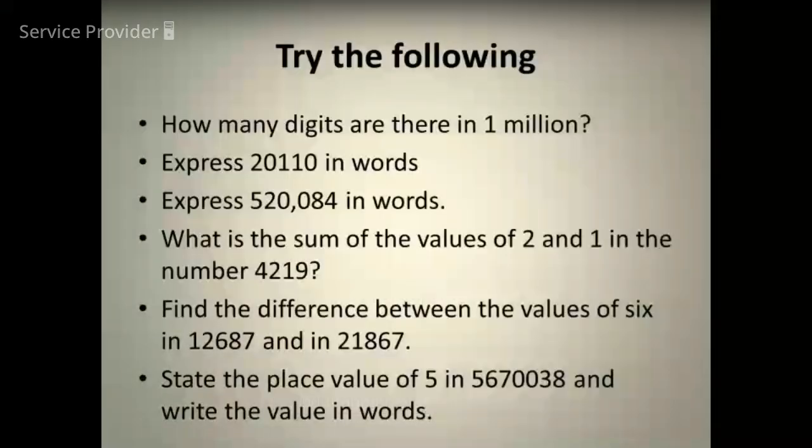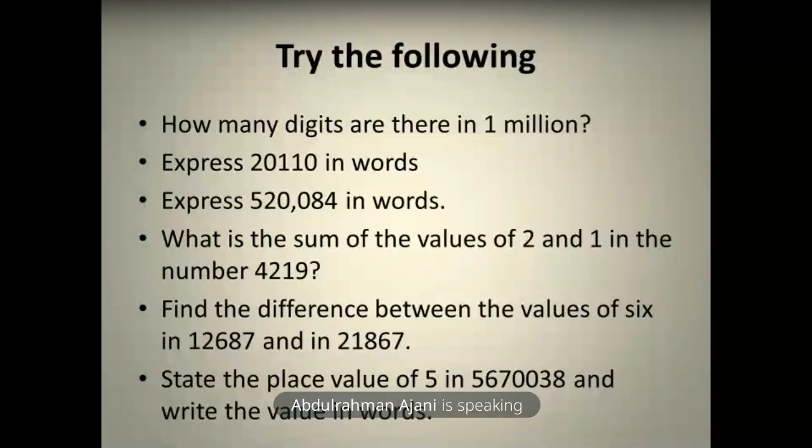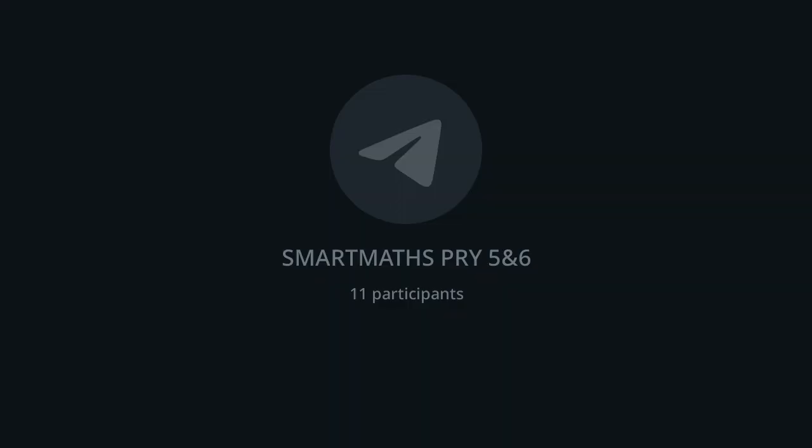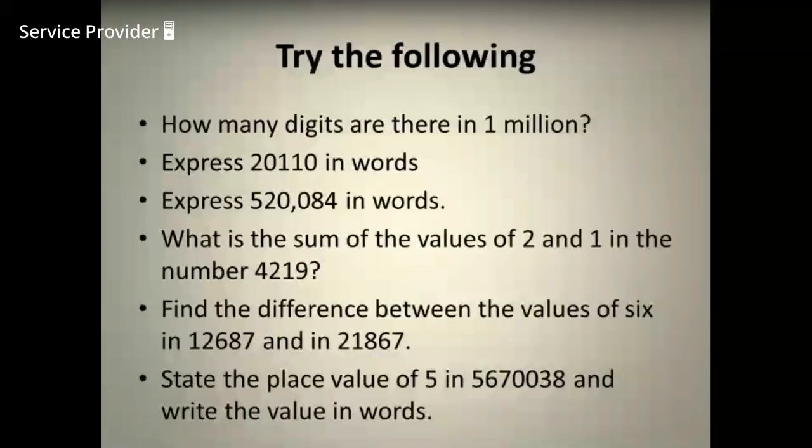Okay, Abdurrahman. Which of the questions do you want to answer? Question number 1. So how many digits are there in 1 million? 7 digits. Okay, that's your answer. Let me ask someone else to say whether they agree or disagree. Mariam, do you agree or disagree with what he has just said? How many digits makes 1 million?